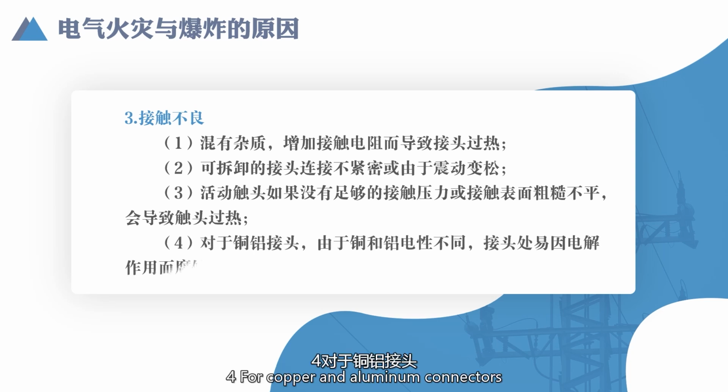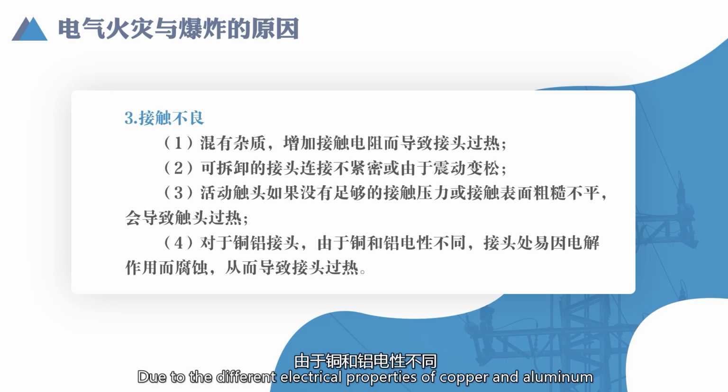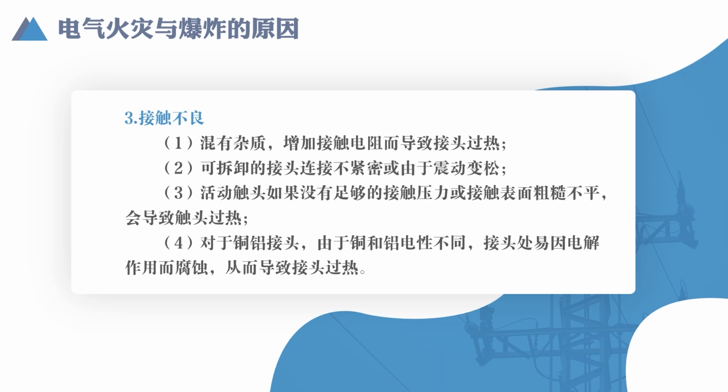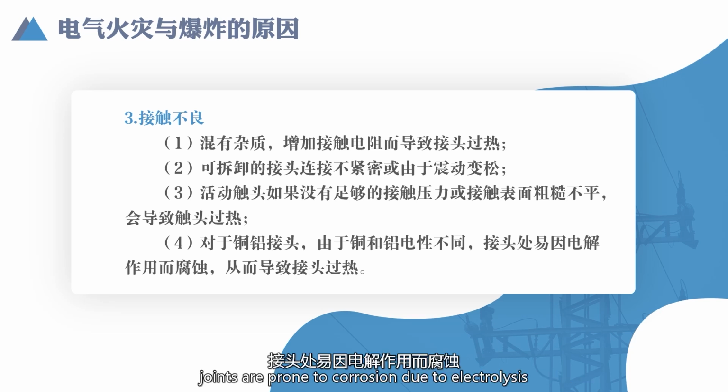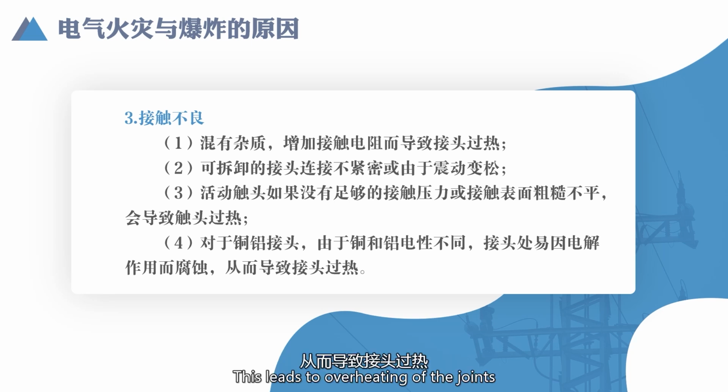Fourth, for copper and aluminum connectors, due to the different electrical properties of copper and aluminum, joints are prone to corrosion due to electrolysis. This leads to overheating of the joints.